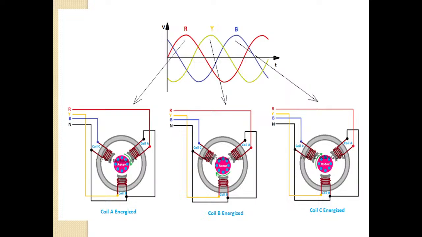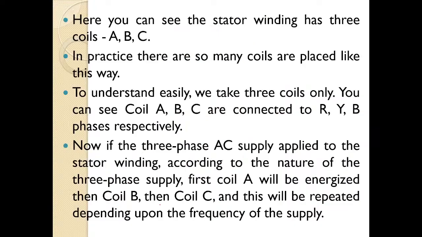Because of this effect, the magnetic field that is produced here will be rotating in nature. And as the magnetic field rotates, the rotor of the induction motor will also rotate with respect to the rotating magnetic field.